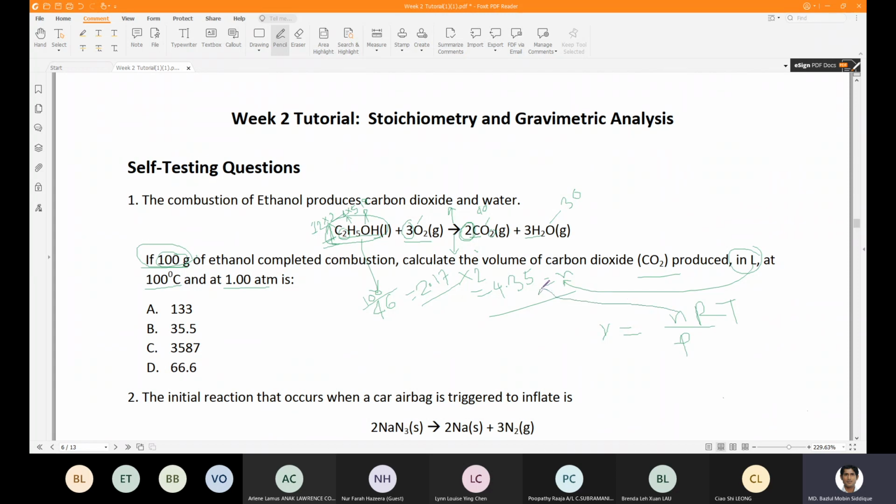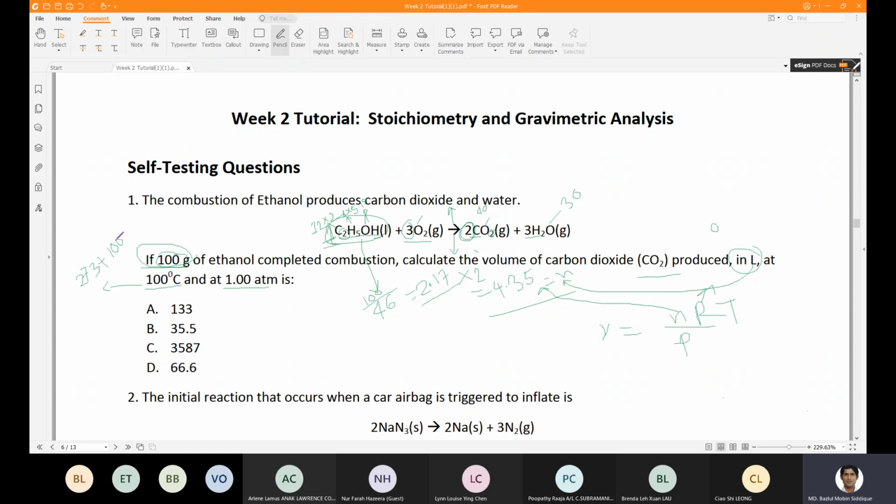So n will be 4.35, R will be the gas constant, and since it is atmosphere and Kelvin, of course, the 100 degree, we have to convert it to Kelvin. Always in chemical calculation, never use degree, always use Kelvin.